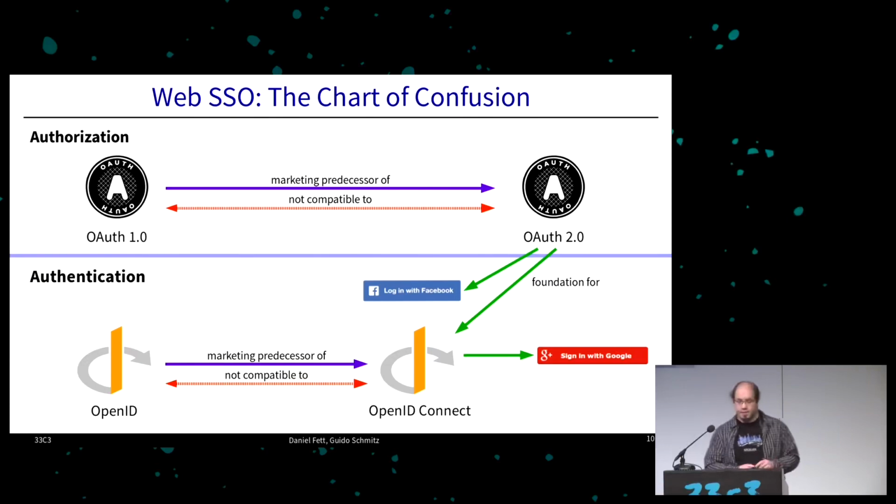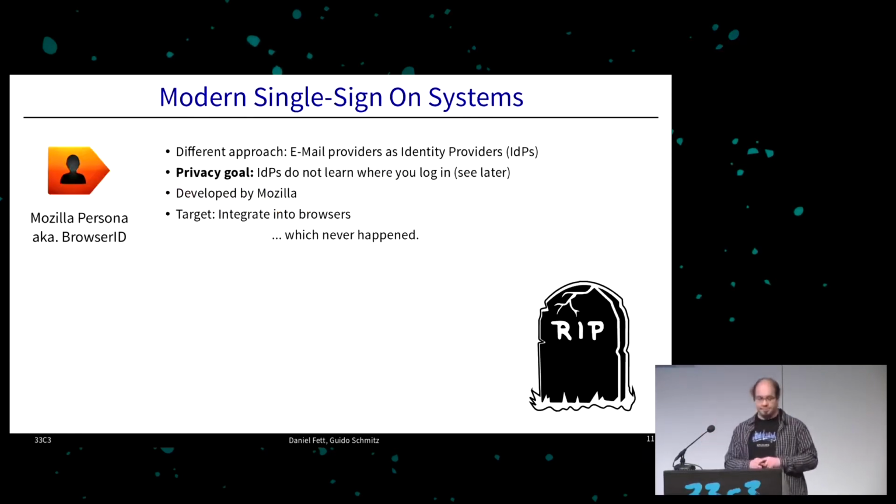There are also some others. For example, Mozilla Persona. Who of you have heard about Mozilla Persona? Oh, okay, around 5%, more or less. The original name is BrowserID, and the idea was that the email providers become the identity providers.